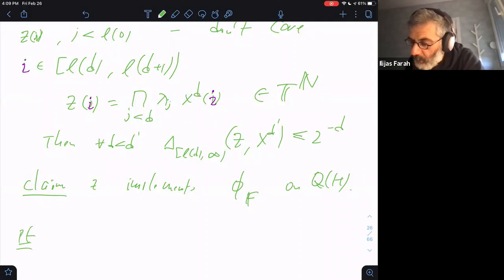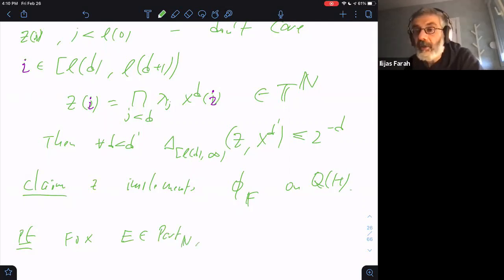So proof, well, what we need to prove is that Z implements our automorphism on any F_E. Right, so just fix E in part n.